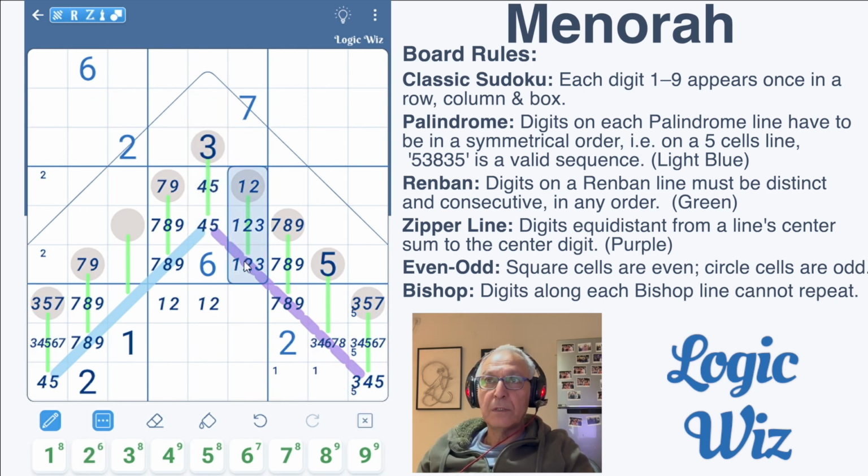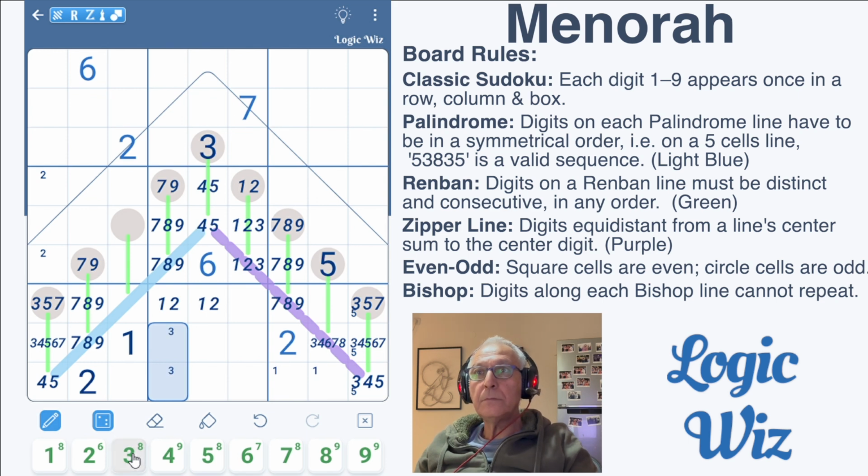This one is 1, 2, 3. So now 3 in this box can only be here. Okay, in this cell we can no longer have a 3 because 3 and 3 gets to 6.